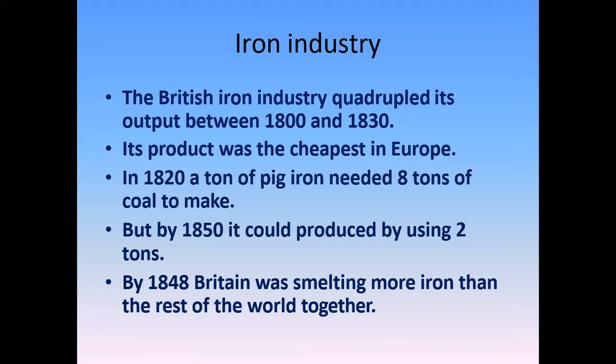In 1820, a ton of pig iron needed 8 tons of coal to make it. But in 1850, we could produce the same with only 2 tons. By 1848, Britain was smelting more iron than the rest of the world put together.